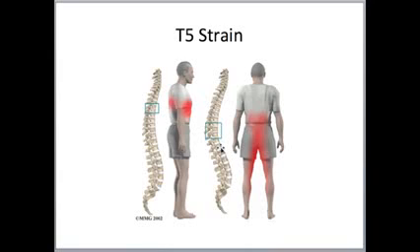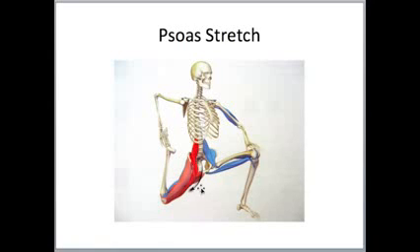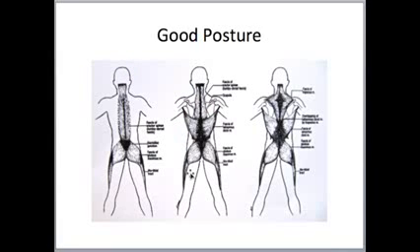So I focused a lot on strengthening my butt, keeping it nice and strong, keeping the front part of my body nice and loose. A nice psoas muscle stretch was pretty much a must for me every day, just to keep this area nice and loose. Also, doing exercises that promote good posture and keeping the body well aligned and nice and flexible.